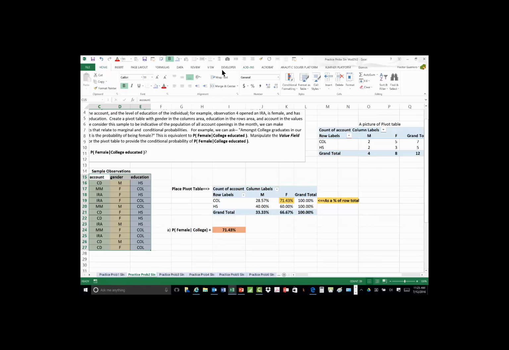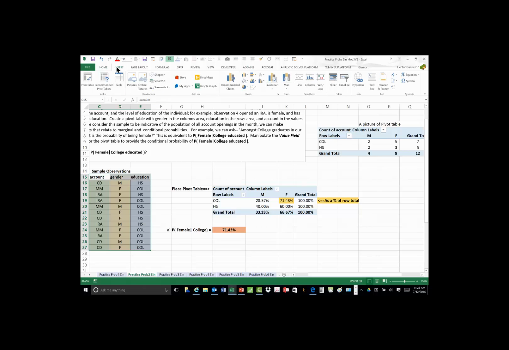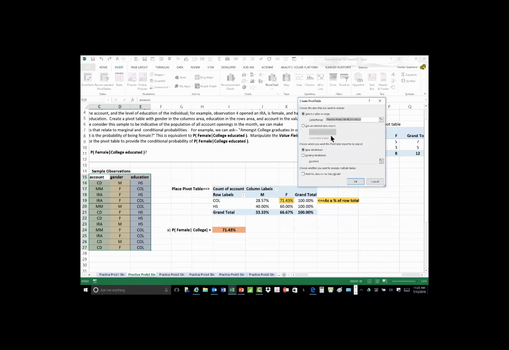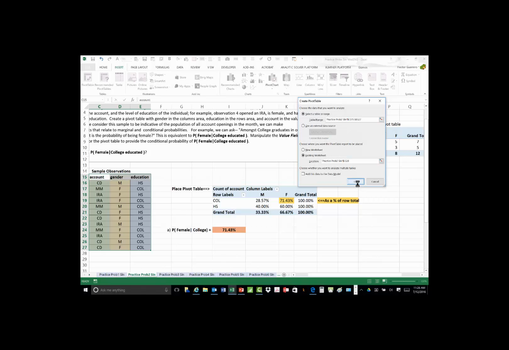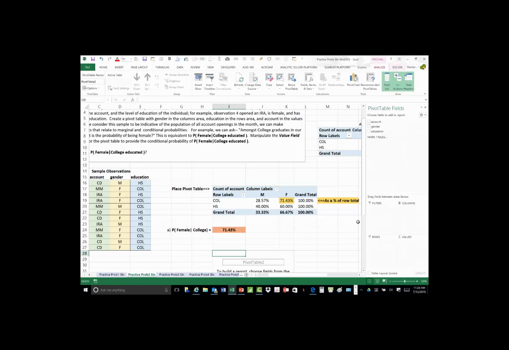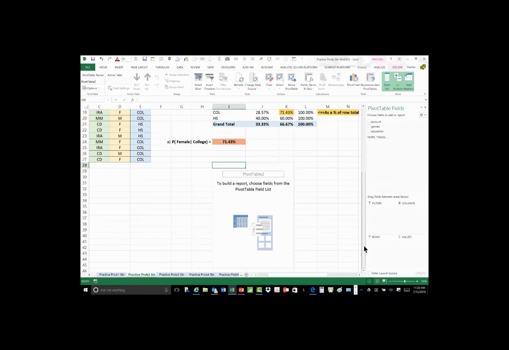Let's then go to Insert, Pivot Table, in an existing worksheet, let's put it down here, hit OK, and my table opens up.